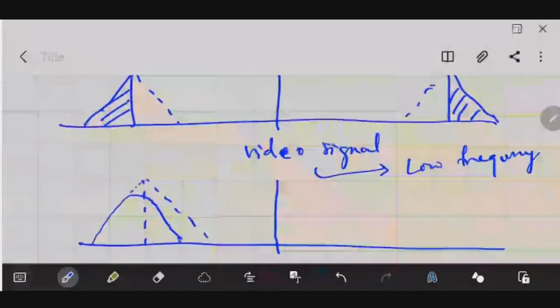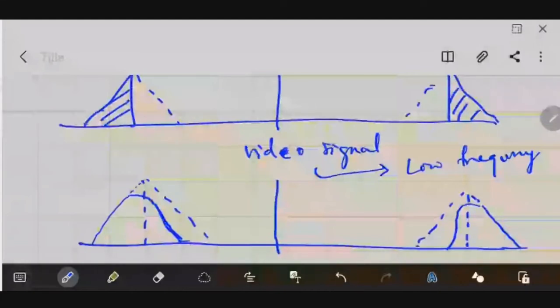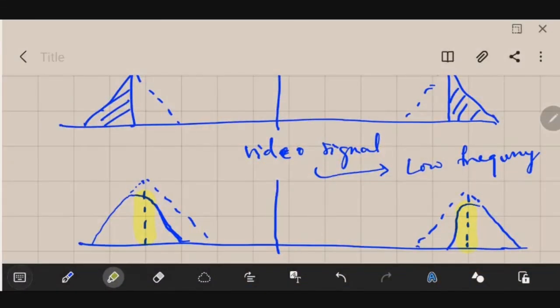You can see that part of one sideband is removed, not all of it. This way the low frequency components, which I have marked in yellow, will not be totally eliminated; they will be present, and along with it we will be able to save a certain amount of bandwidth.